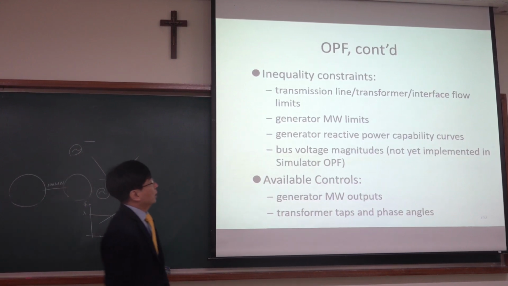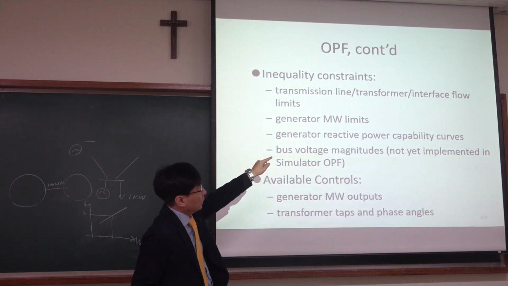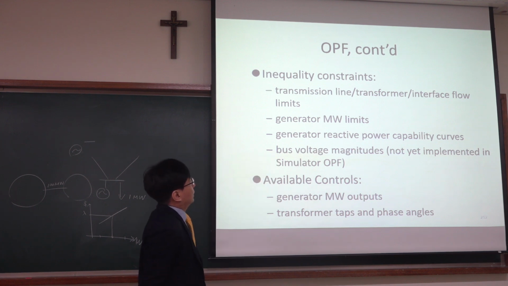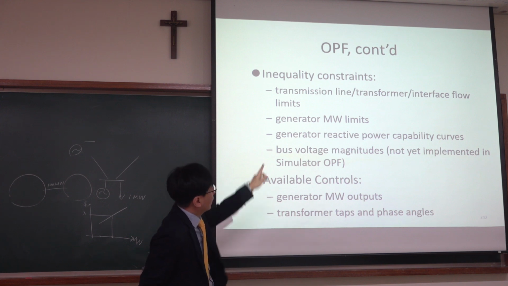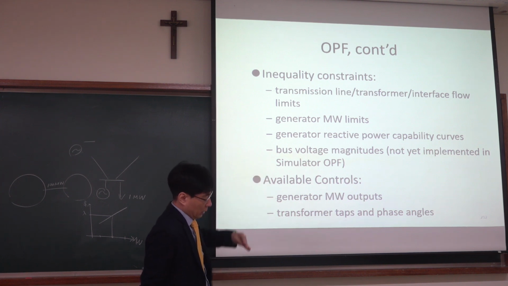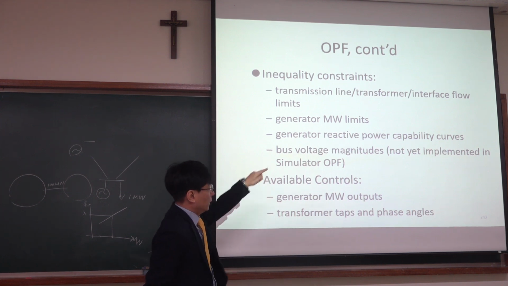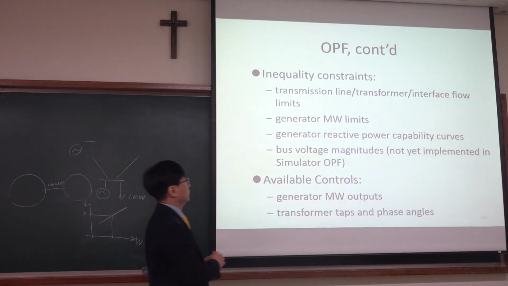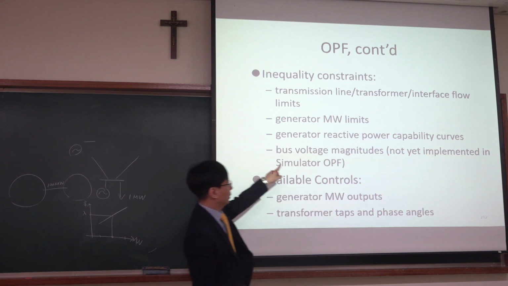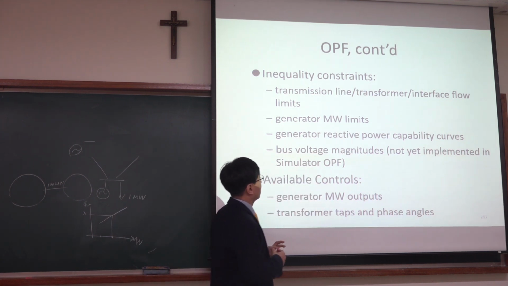About inequality constraints: the transmission line, transformer, and interface flow limits, and generator maximum and minimum megawatt limits, the reactive power capability curves, and bus voltage magnitude constraints.